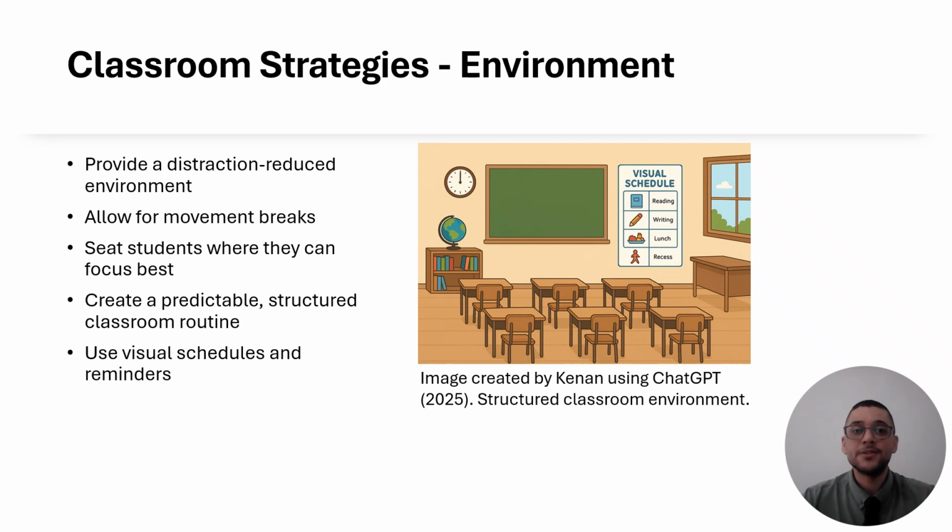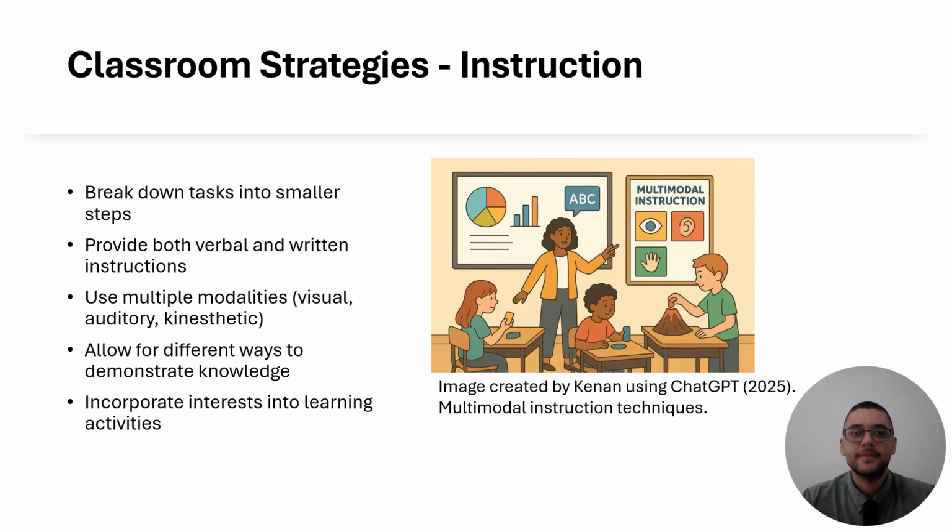Allowing students to stretch, walk around, or do a quick physical activity can actually improve focus afterward. Seating is important. Some students focus better at the front. Others need to be away from windows or doors. Establishing predictable routines helps students know what to expect. Finally, visual schedules and reminders provide external structure that compensates for executive functioning challenges.